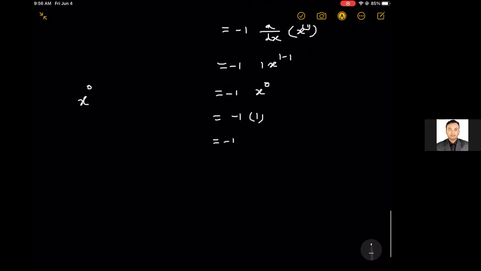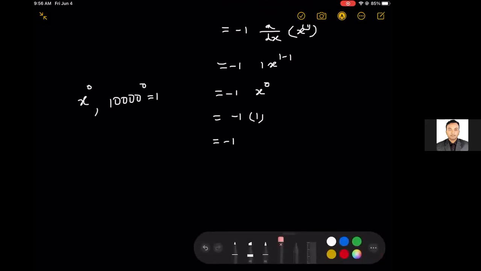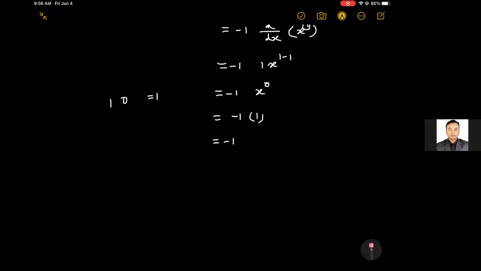So it will be negative 1. Anything to the power 0, even 10,000 to the power 0, is actually 1. Whatever you take, if you raise it to the power 0, it will always give you 1.